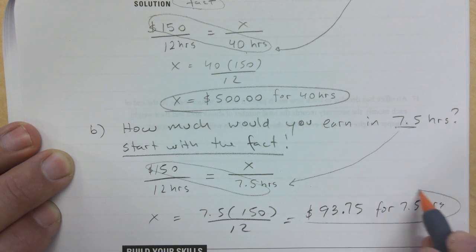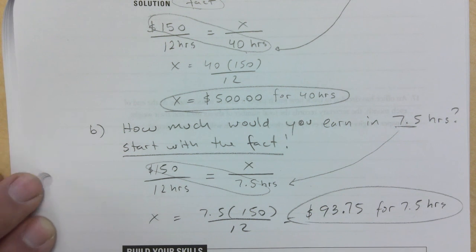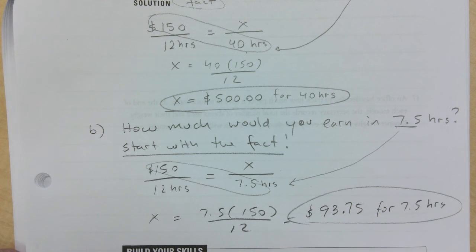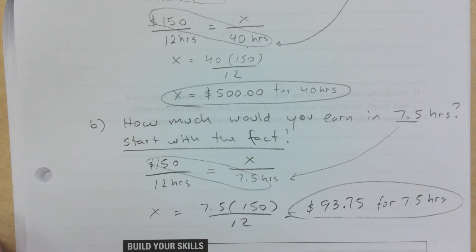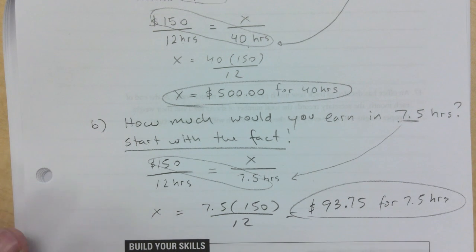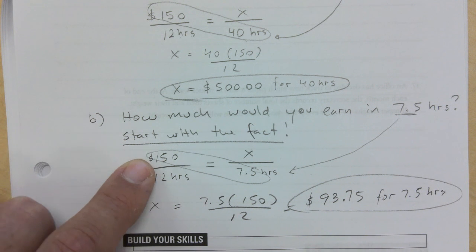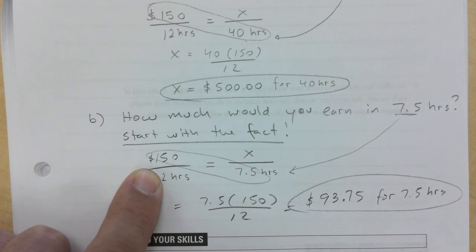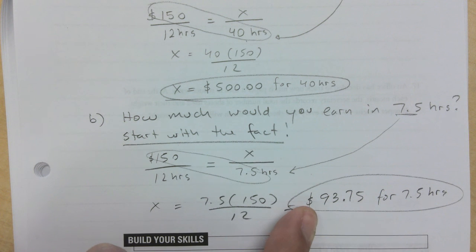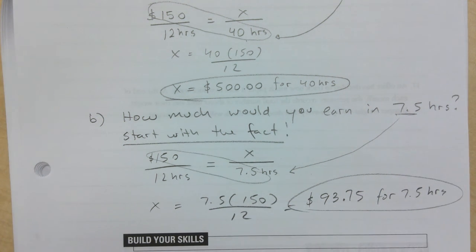And that's just how this works, right? This is called proportional reasoning, okay? Given the fact that you know something, if this remains the same, then this will be true for either more hours worked or less hours worked, okay?